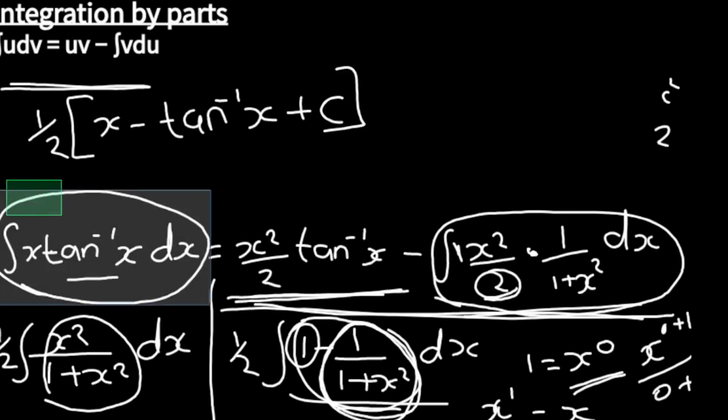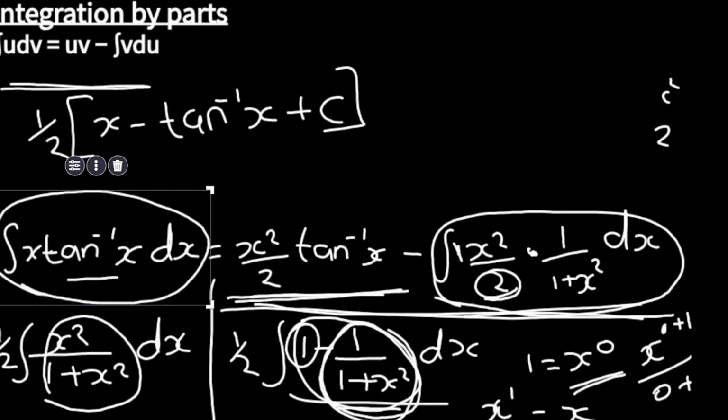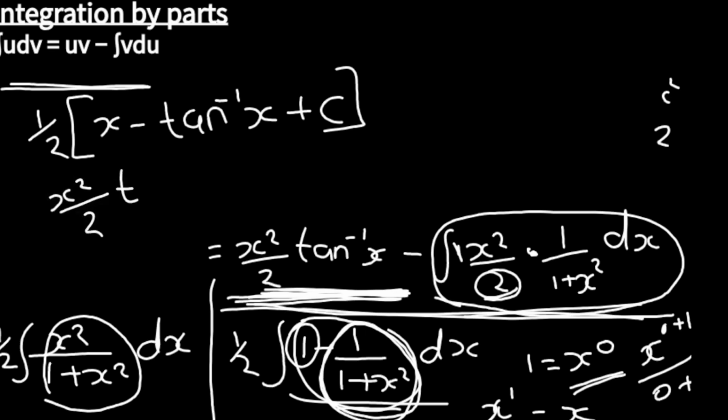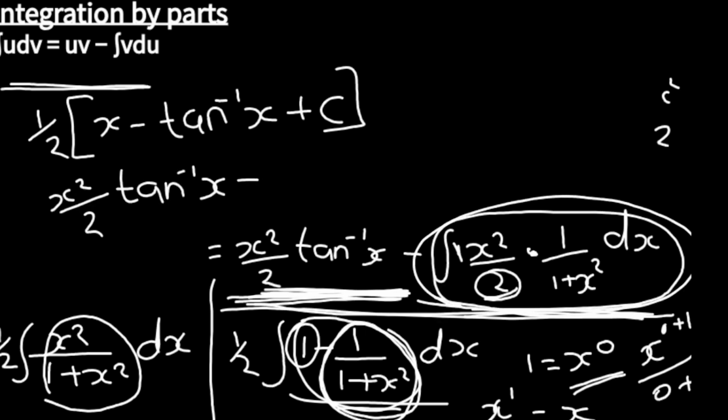We can erase this one out. So our answer is going to be this part here, x squared over 2 arctan x, minus this here. This expression is what we get after finding that integral.